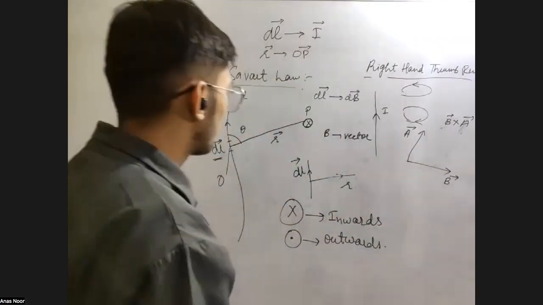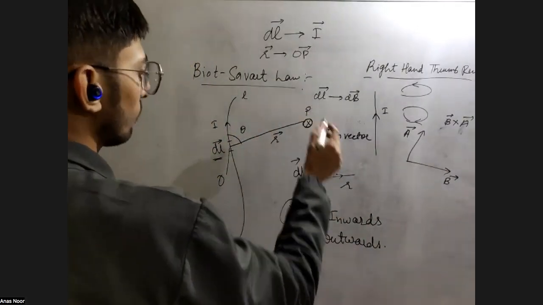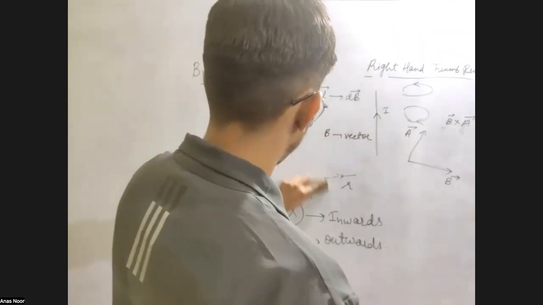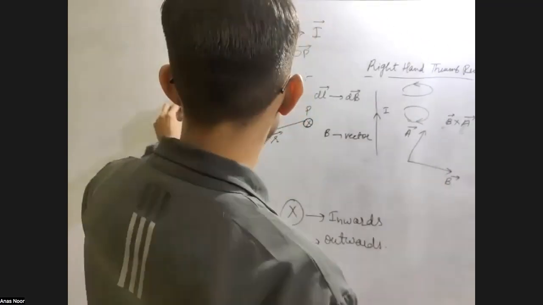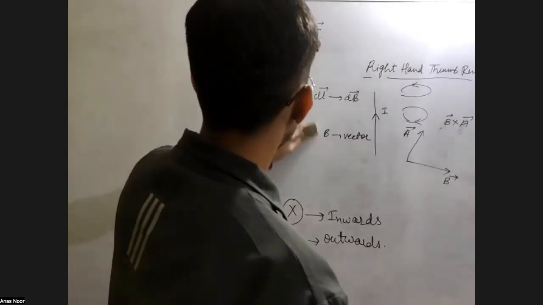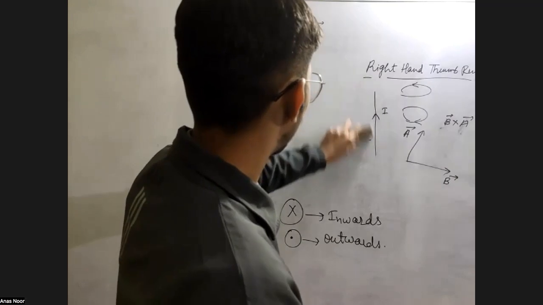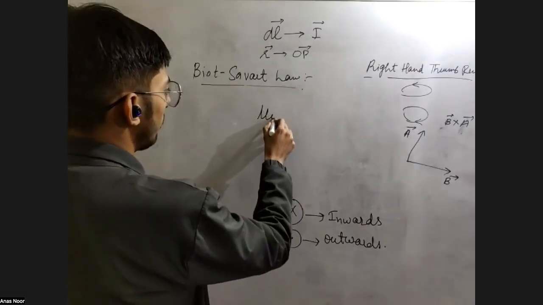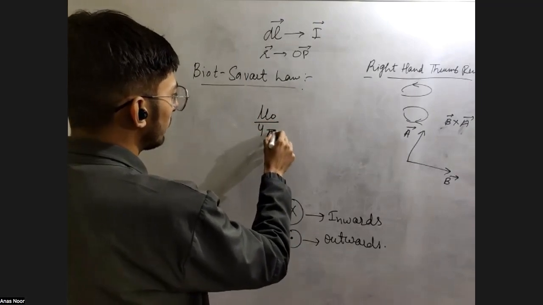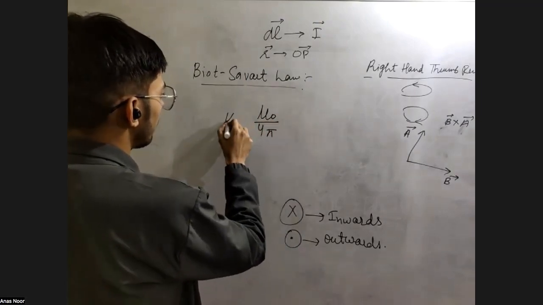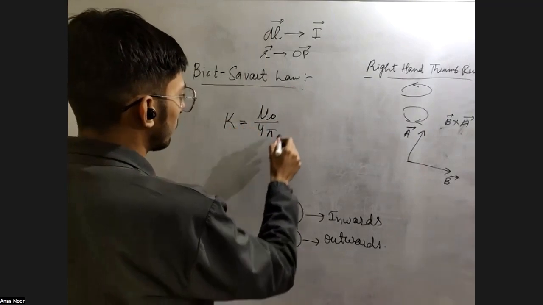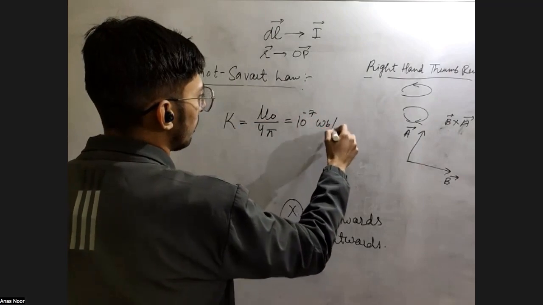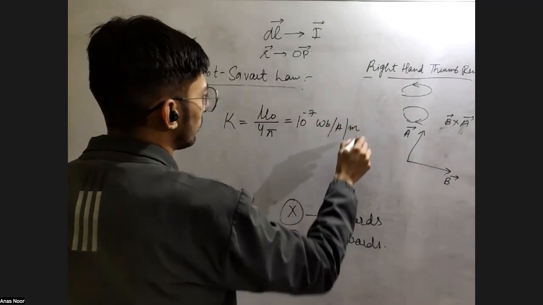So what is this K? There is the thing called mu naught upon 4 pi. This is a constant. Let's say this is some K, and its value is 10 to the power minus 7 Weber per ampere per meter.